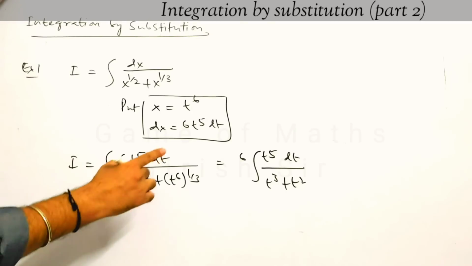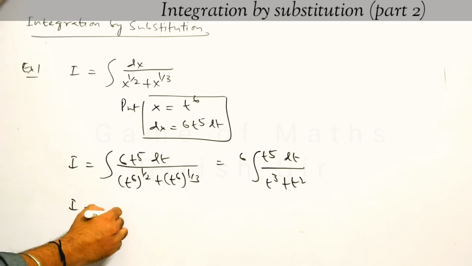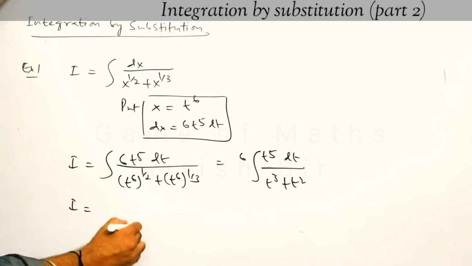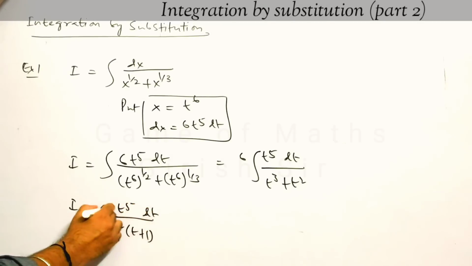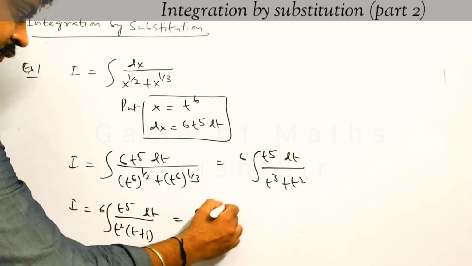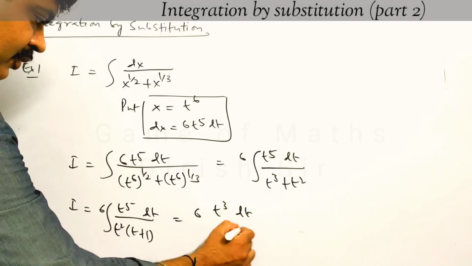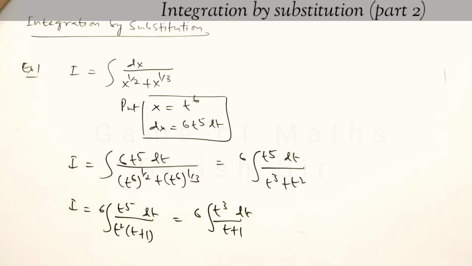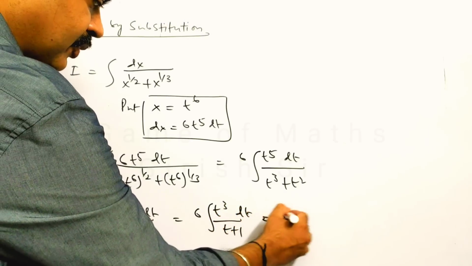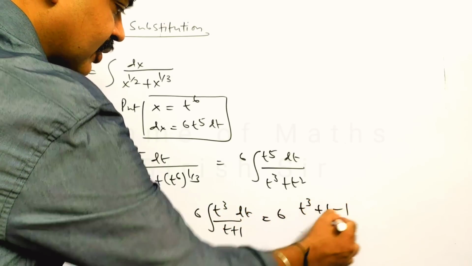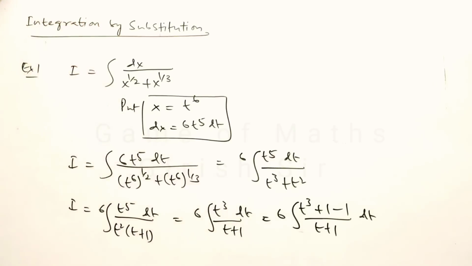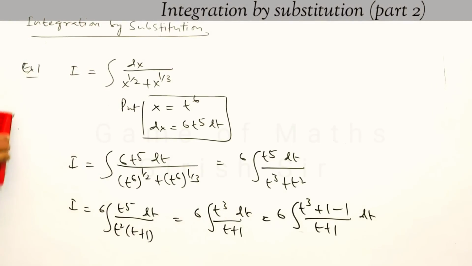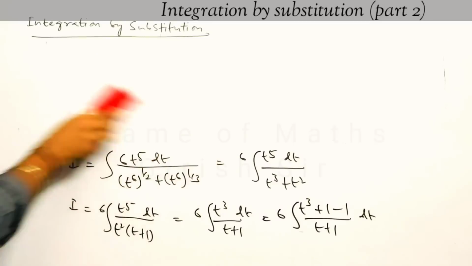Now I can cancel out t square, which is going to give me this expression. Now you can write this as t cube plus 1 minus 1, and then you split the integral. Okay, rub a little portion and solve further.